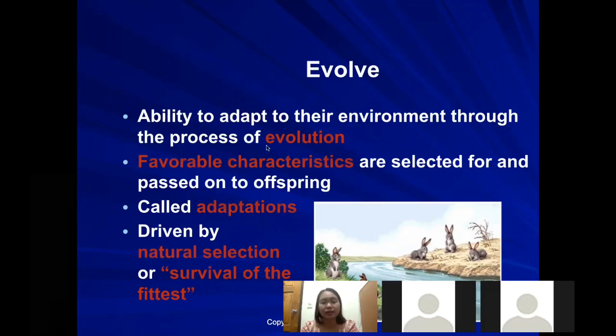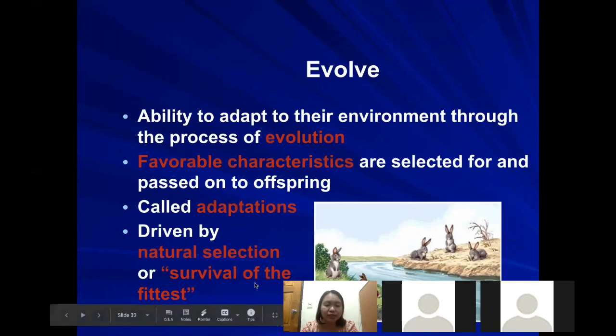And we call it the process of evolution. So favorable characteristics are selected for and passed on to offspring. So we call this adaptation. So when the environment is favorable for your characteristic, then you survive, and these are driven by natural selection or survival of the fittest.